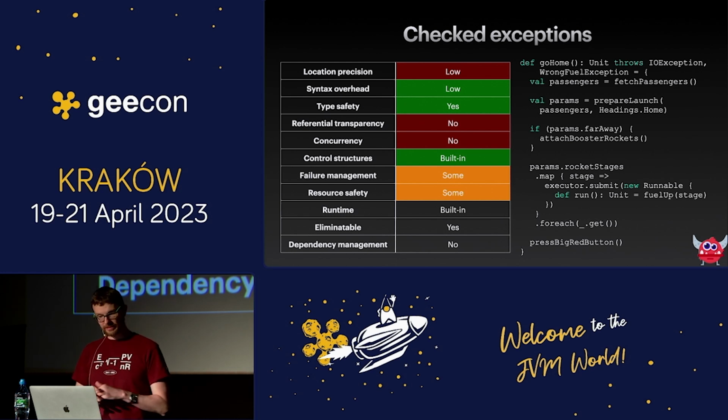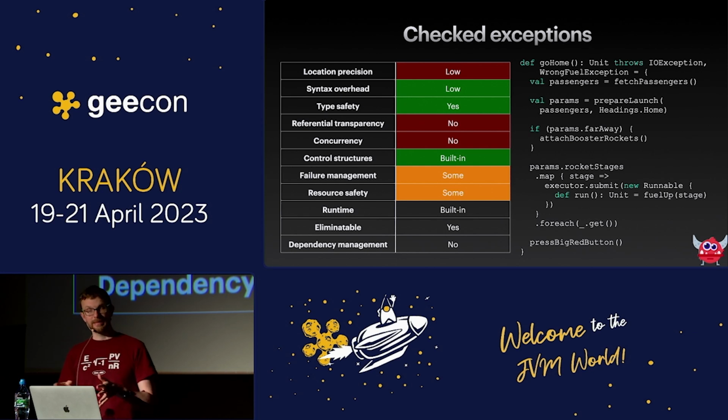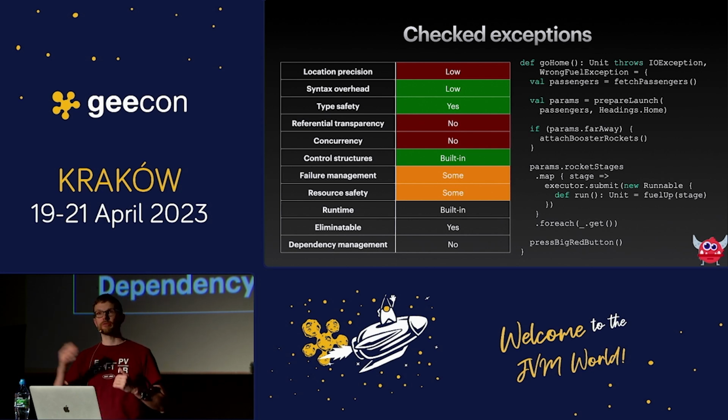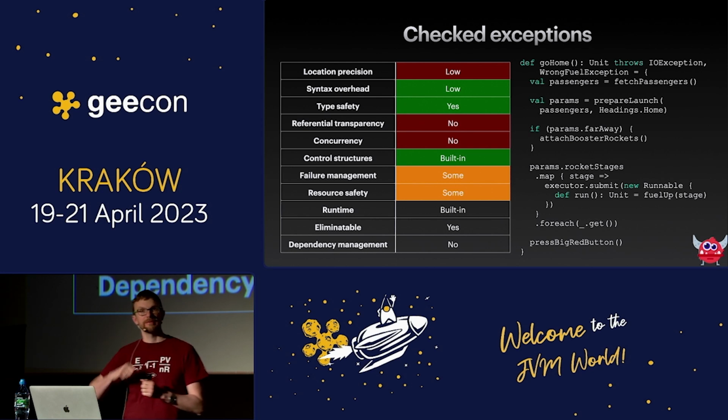As for failure management, we've got try-catch, as I said, but there's also interruptions, which in Java are implemented using exceptions. So, for example, if we have this concurrent fueling up of all the rocket stages, and one of them fails, we probably would want to interrupt the other ones because it doesn't make sense to fuel them up if one fails.